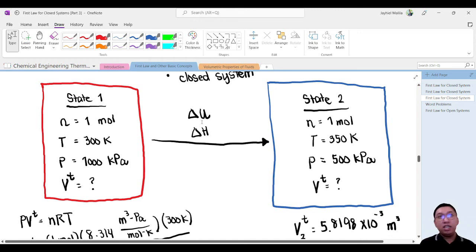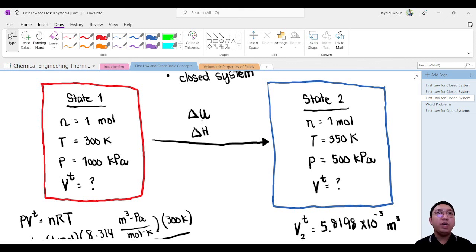That's the main gist of this word problem. Appreciate that delta U and delta H are state functions, and the values of the answers are not affected by whatever alternative path you take.